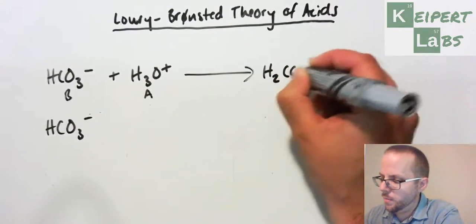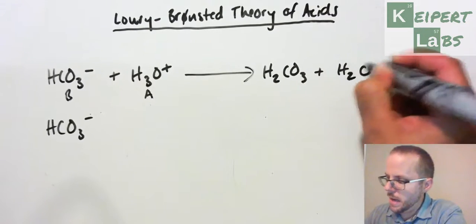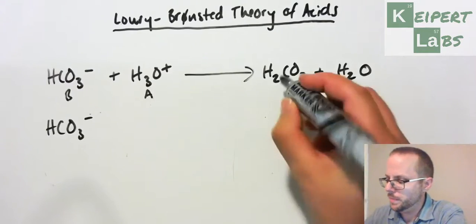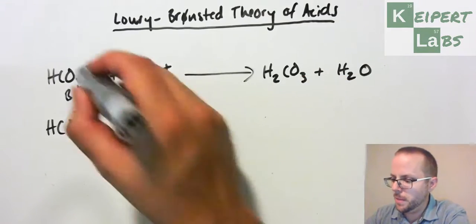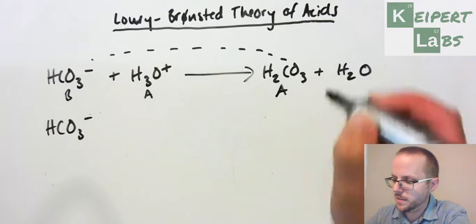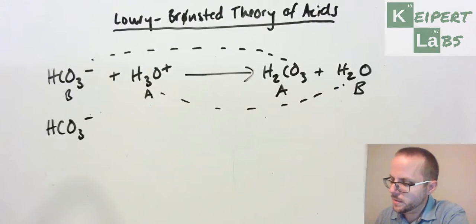So we have one proton more than we did before, and we formed water. So hydronium, to lose that proton, has become water. We can look at our conjugate pairs. Here's one. If this is the base, then this is its acid. If this is an acid, then this is its base.